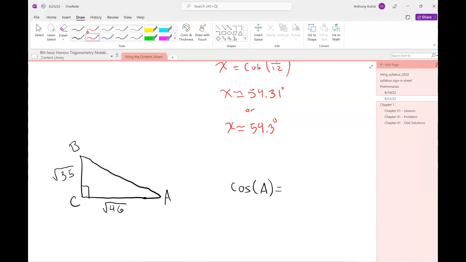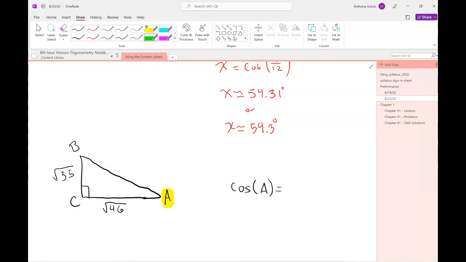All right, so you're given a right triangle ABC where side BC is square root 35 and side AC is square root 46, and we're asked to find the value for cosine of A. So we're using cosine, right? First thing to do is locate angle A. Cosine is adjacent over hypotenuse.